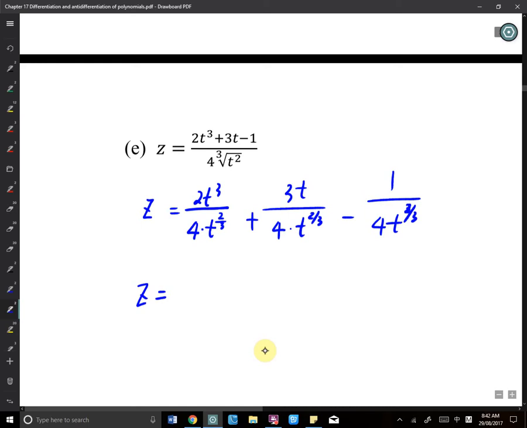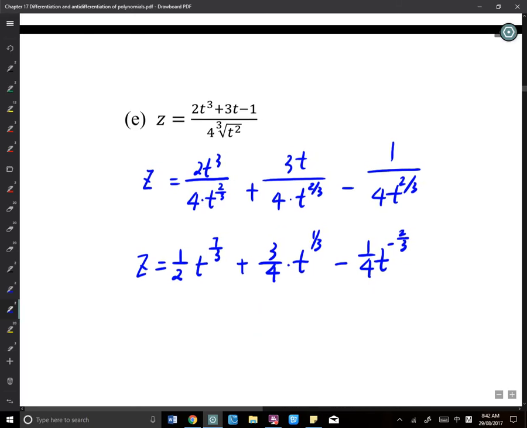And then I can simplify it. That's a half t to the power of 7 on 3, 9 on 3 minus 2 on 3, plus 3 on 4 times t to the power of 1/3, and minus 1/4 t to the power of negative 2 on 3. You flip it up, it becomes negative.